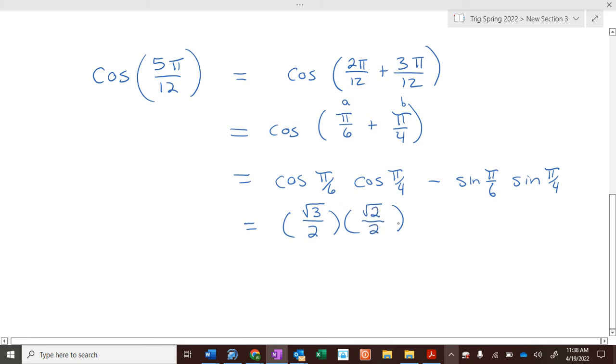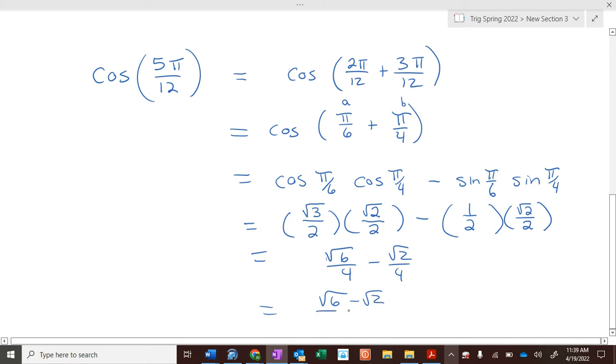Square root of 2 over 2, minus sine of pi over 6, which is 1/2, times sine of pi over 4, which is square root of 2 over 2. So you get the square root of 6 over 4 minus the square root of 2 over 4, which equals the square root of 6 minus the square root of 2 all over 4, and that is going to be our final answer.